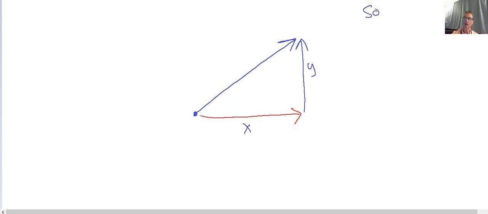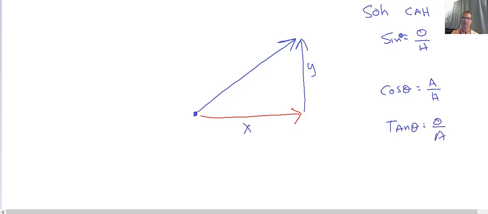And remember, SOH CAH TOA: sine of the angle equals opposite over hypotenuse, cosine of the angle equals adjacent over hypotenuse, and tangent of the angle equals opposite over adjacent.